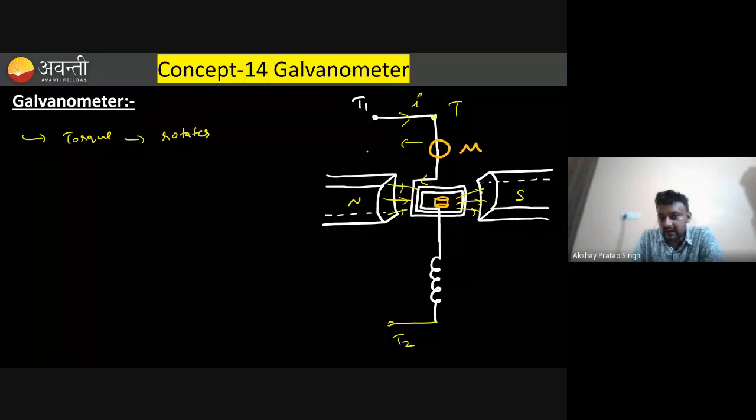So try to remember the flow chart I was drawing. Torque is generated. Due to this restoring torque, equilibrium is achieved.